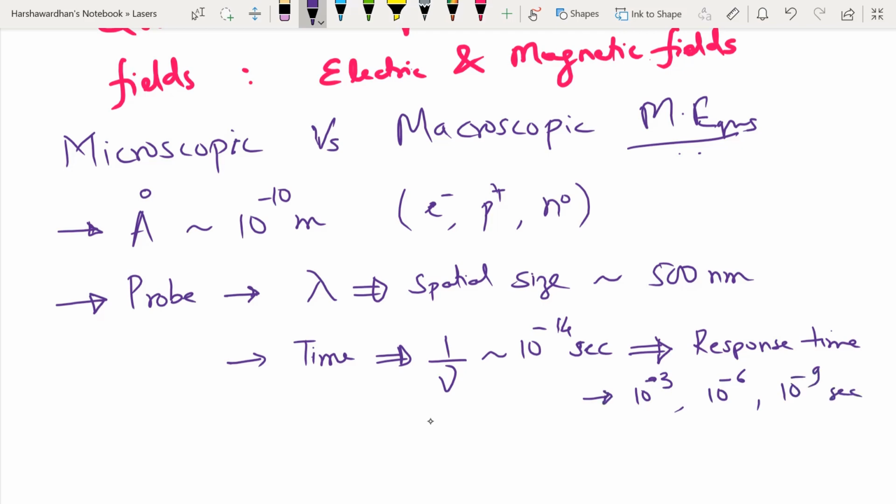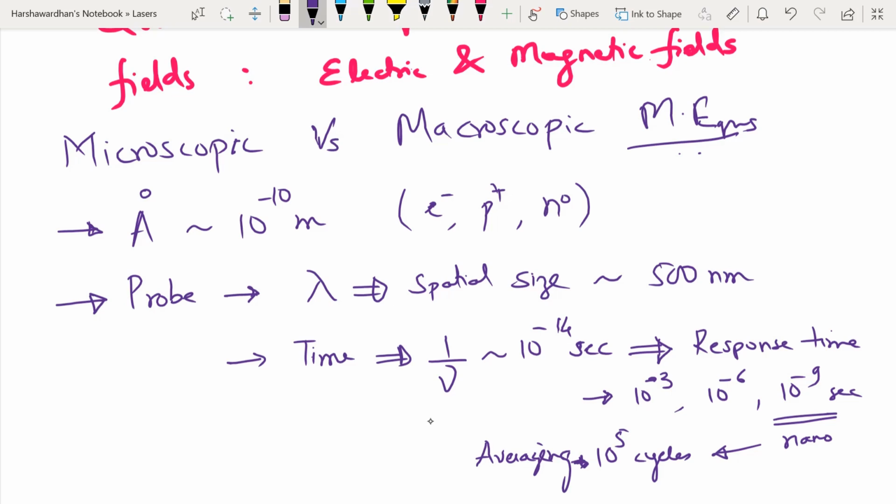The moment you come up with, let's say, a nanosecond response, you are already averaging over about 10 to the power of 5 cycles. So this is how one is not really looking at the variation of the electric field at that scale, but at an averaged quantity.